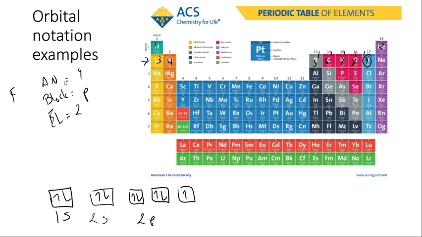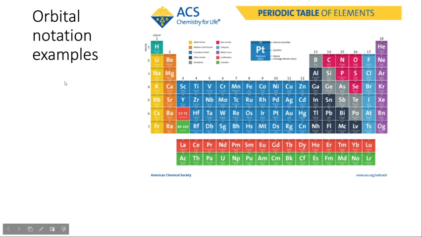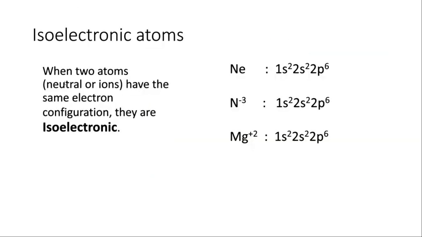I always do that just to remind myself that I'm filling them one at a time before pairing, right? And so this is how you do orbital notation. It's pretty much just like electron configuration, except you're showing where exactly the electrons are. They fill in the exact same order, and they fill one in an orbital before pairing up.